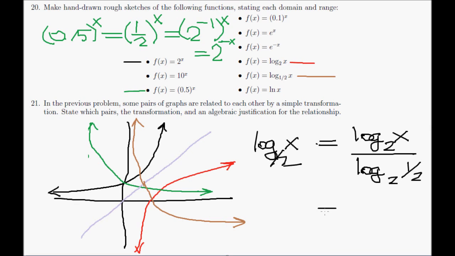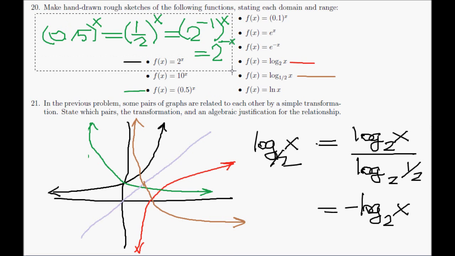And the logarithm of a half base 2 is -1. So the bottom here is -1. So the logarithm of x base 1/2 is the same thing as negative log of x base 2. So that goes to show that the curve in red and the curve in brown are mirror images across the x-axis in the same way that the curve in green and the curve in black are mirror images across the y-axis. Okay, so that's part of number 20.